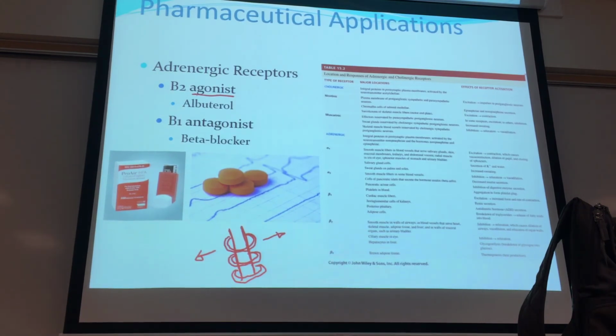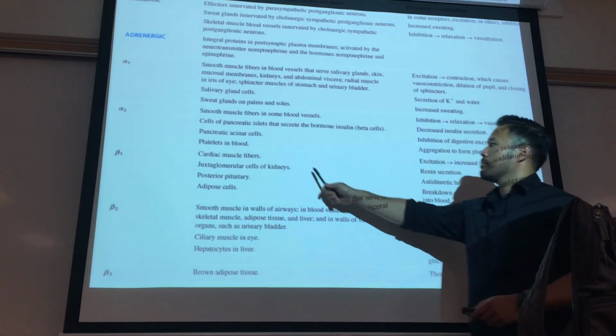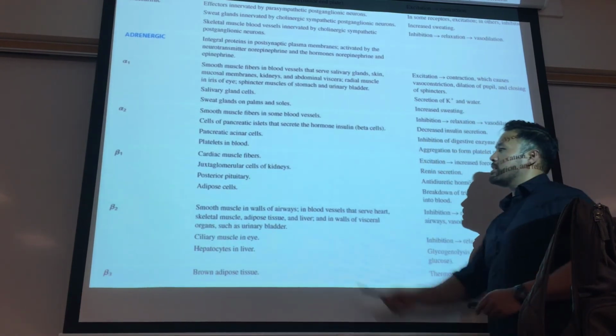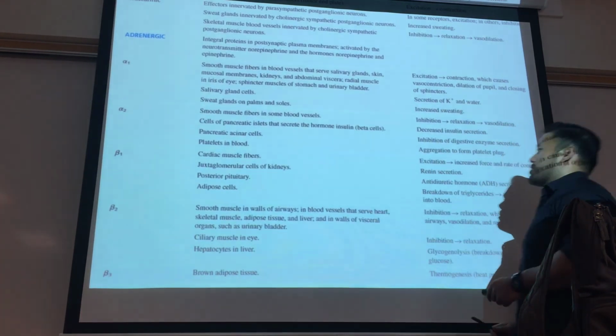Now let's take a look at another example, beta 1. Where we would see beta 1 receptors, we would see them in the cardiac muscle fibers. And not only that, you're also going to see them in the kidneys, which are responsible for blood pressure.